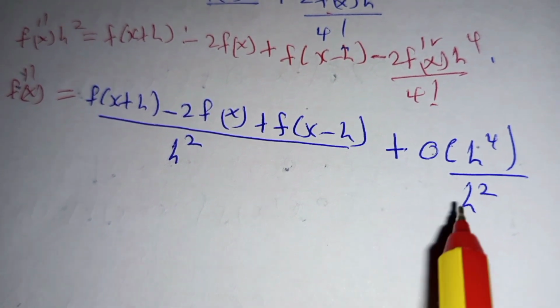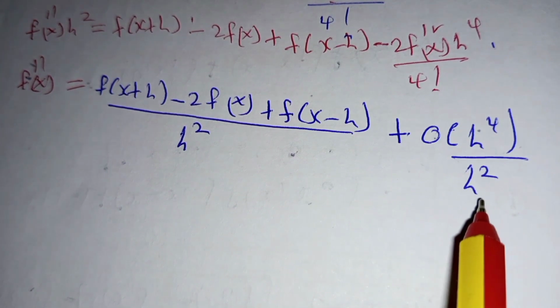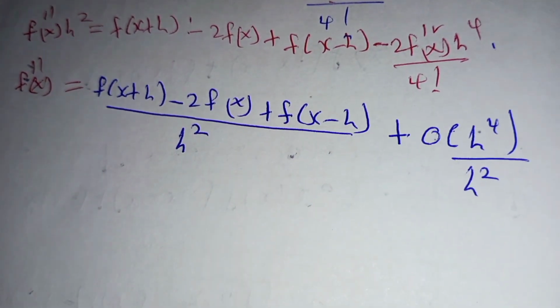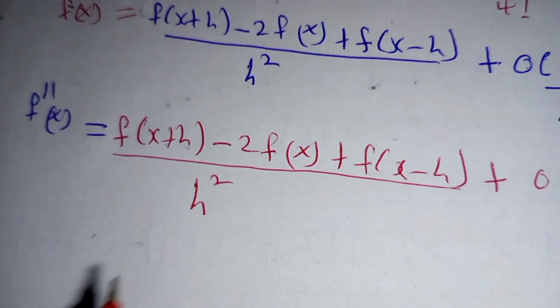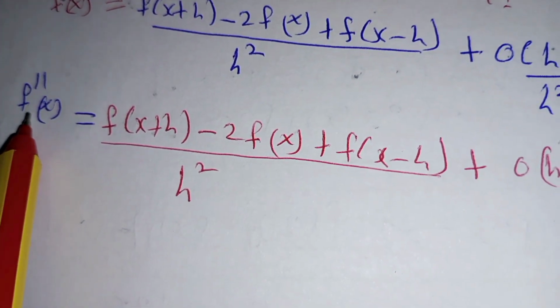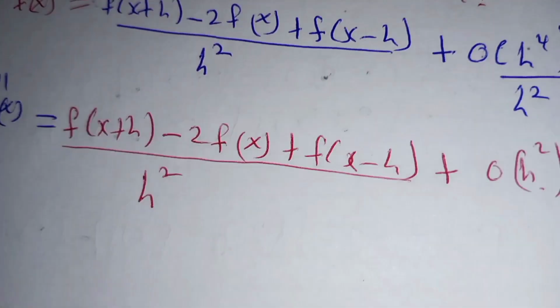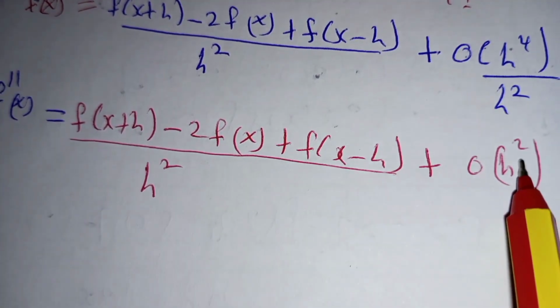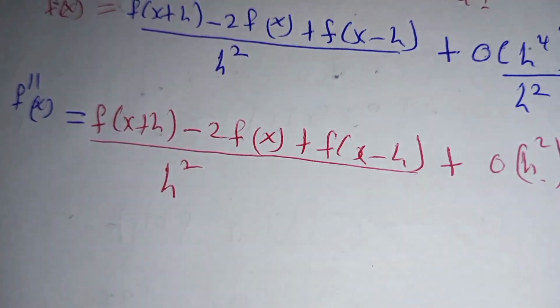Here h to the power 4 divided by h squared can be reduced, so that we have an error of order h squared. So in approximating our second derivative numerically, we encounter an error of order h squared. That is that error.